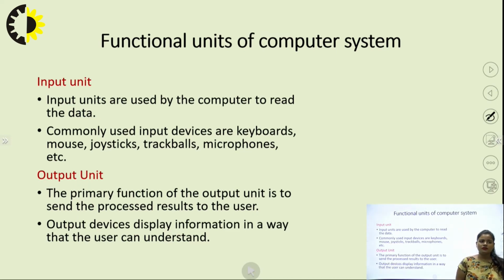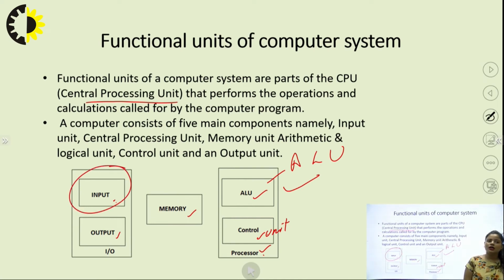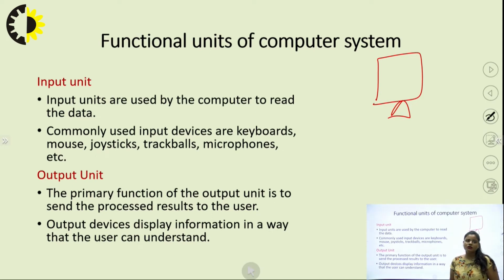So the first unit we had was the input unit. I am going to tell you more about the input unit. What is an input unit? Input units are used by the computer to read data. Whenever a device wants to get some information or data from us or any other device, that is basically the input for it.